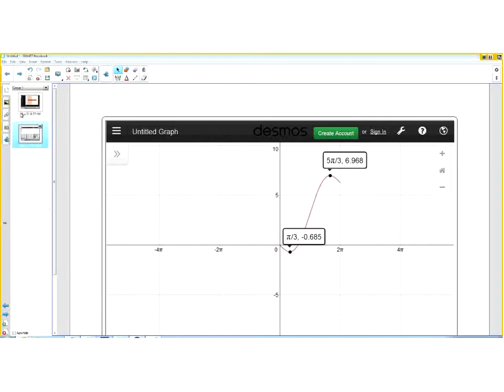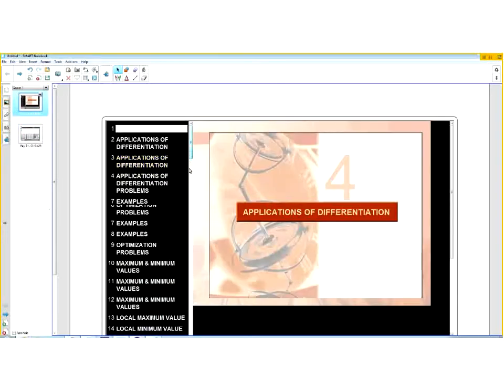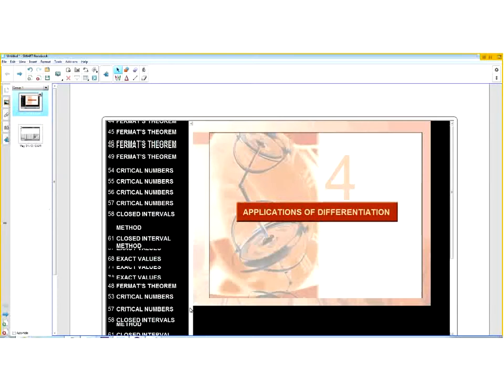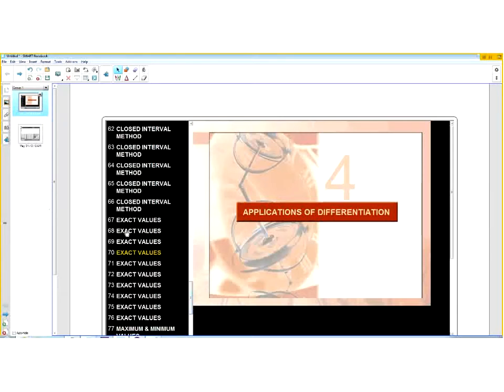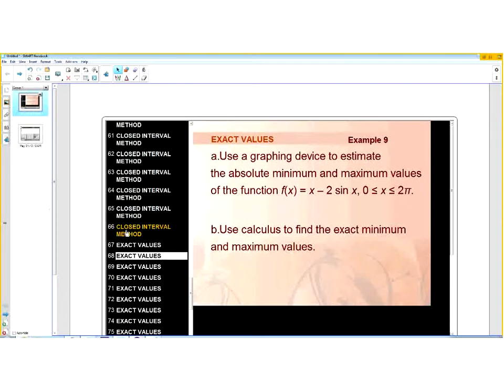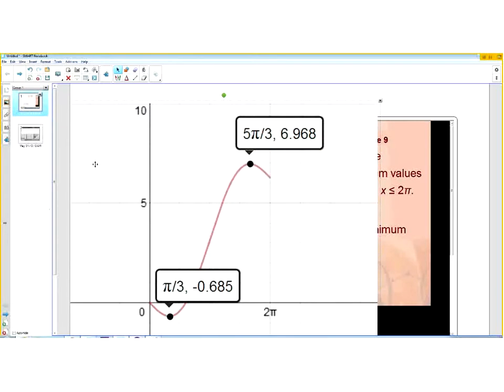Okay, so let me go back to slide 68. If we were to answer the A part of this example, we would have something that looks like this. So there's the answer to the A part.